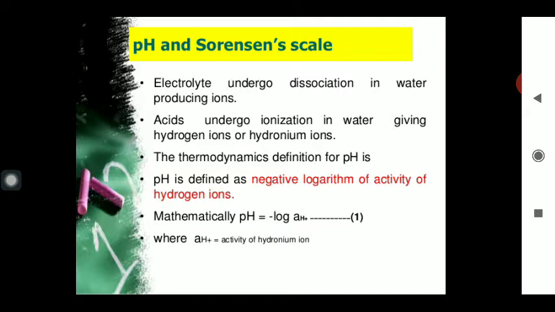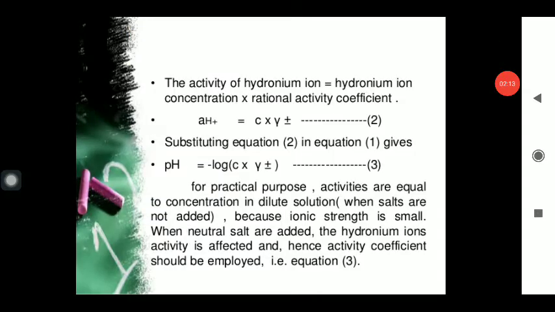This is the basic formula of pH, and this formula is given by Sorensen, so this parameter is known as the Sorensen scale. Now the activity of the hydronium ion is equal to the hydronium ion concentration times the rational activity coefficient, that is, a is equal to C into Y, first equation.